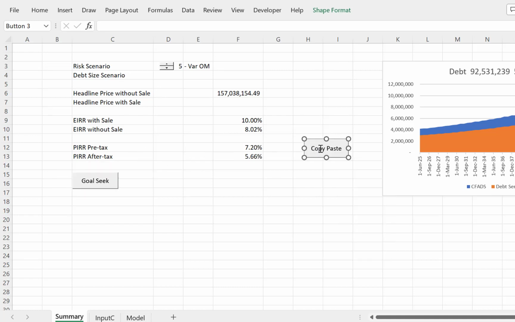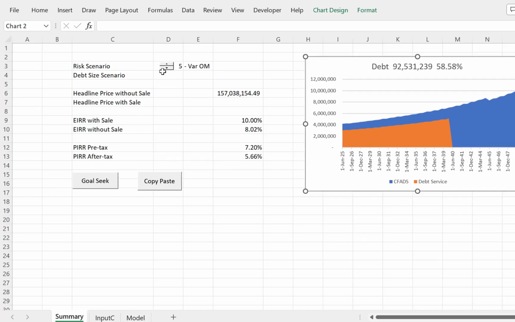Okay, and now we're going to use this case. Up here I'm going to make another spinner box, and maybe we always want to do the base case with our headline number. We want to be able to say, okay, we paid the price, we financed the debt, and now after we've done the financing, what's our risk analysis with the fixed financing?